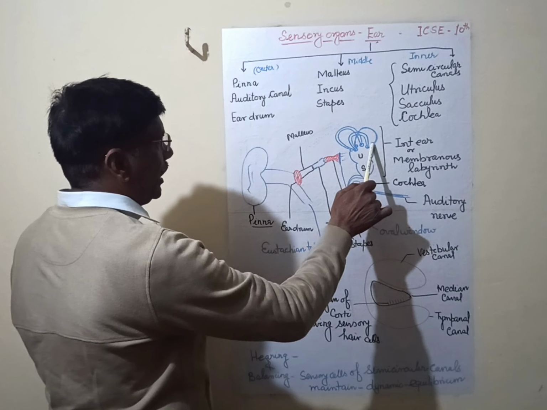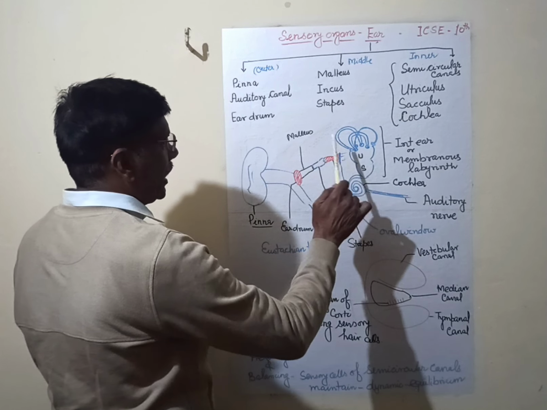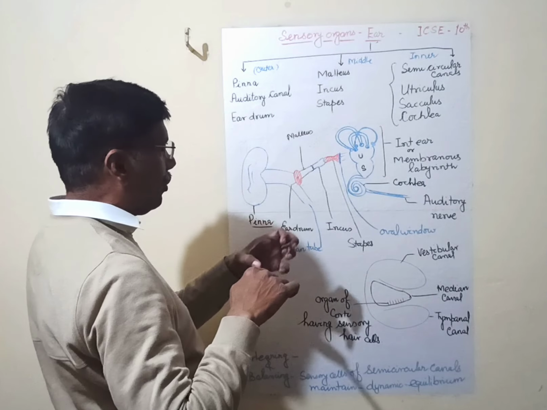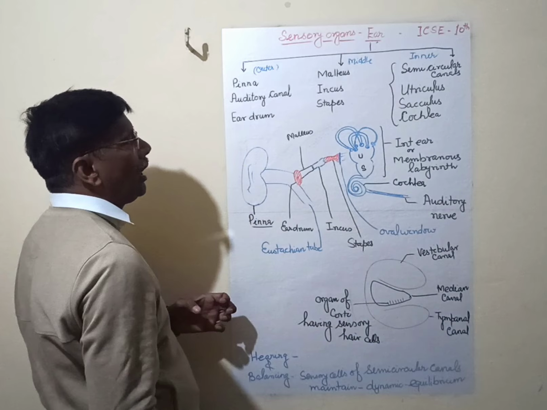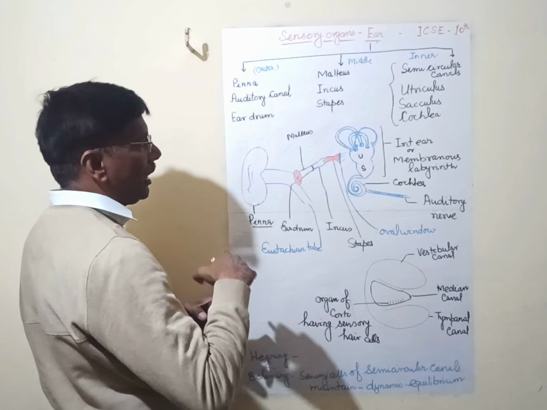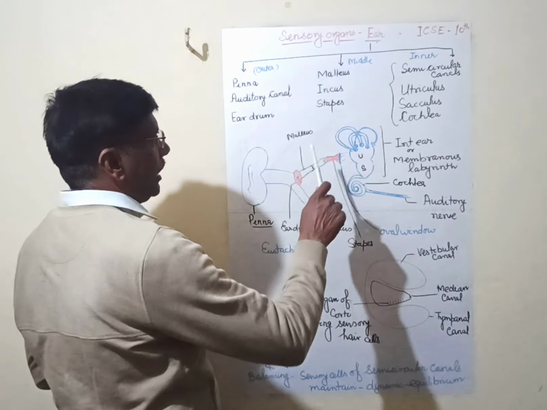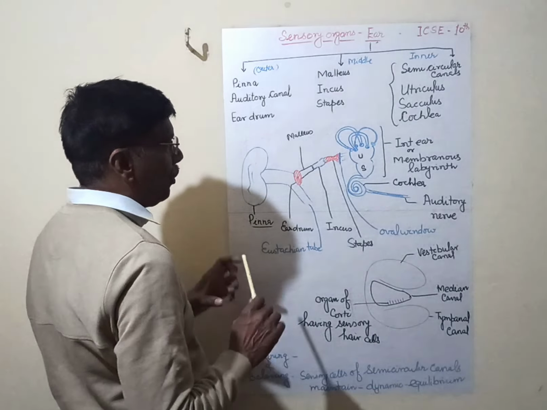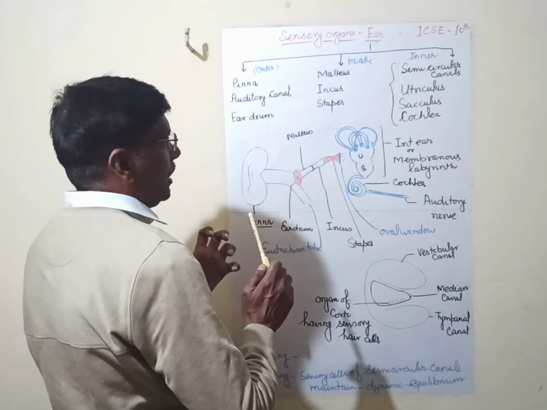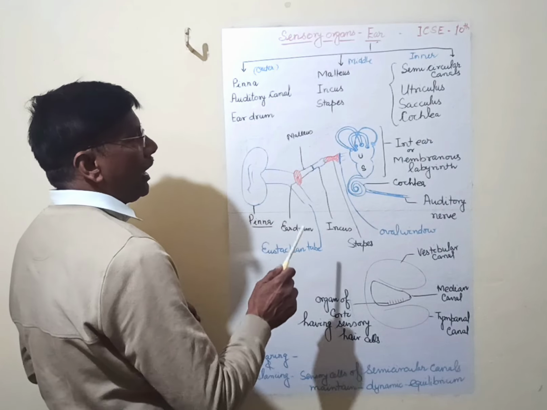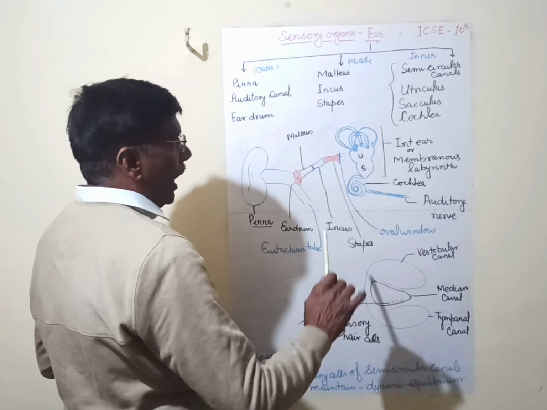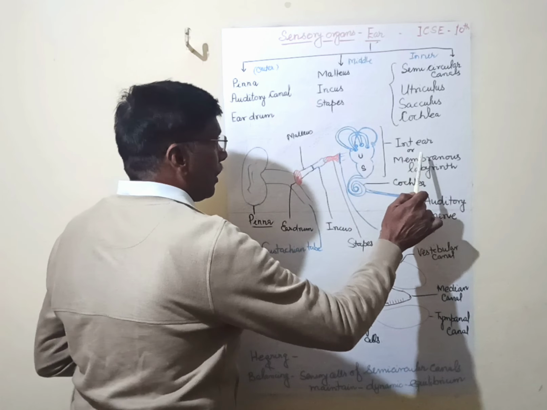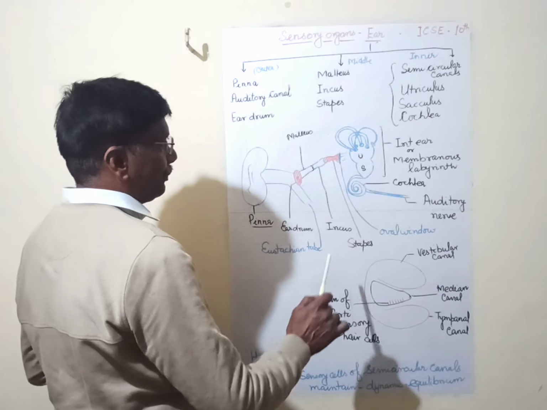Their swelling ends are known as ampulla. One canal is attached over another canal at an angle of 90 degrees. All these three canals are attached one with another at 90 degrees, and their swollen tips are known as ampulla.